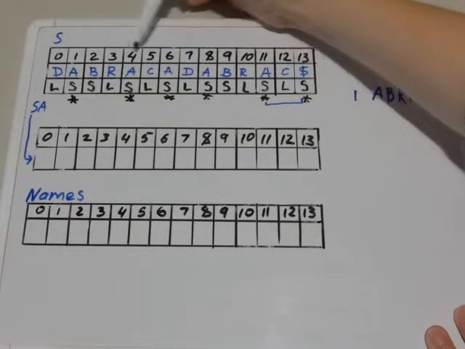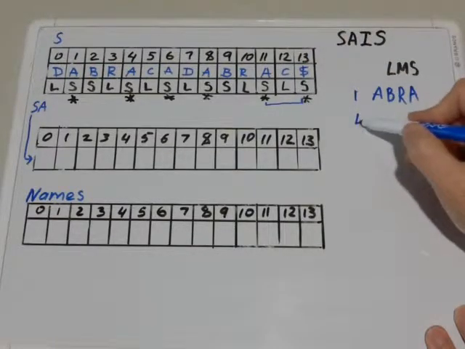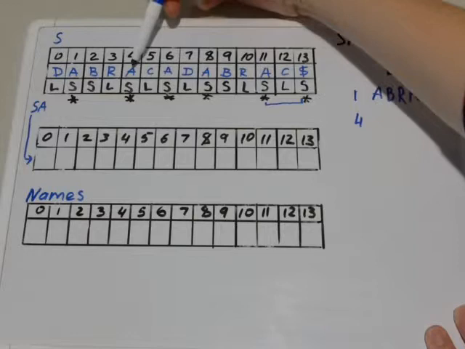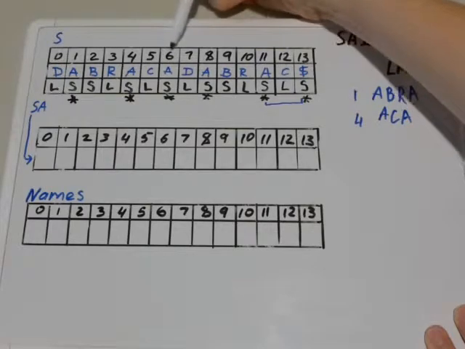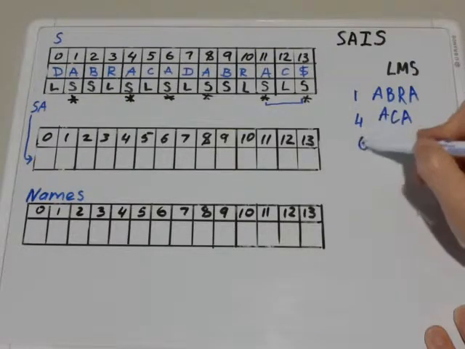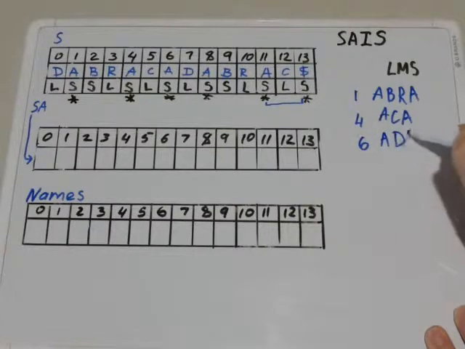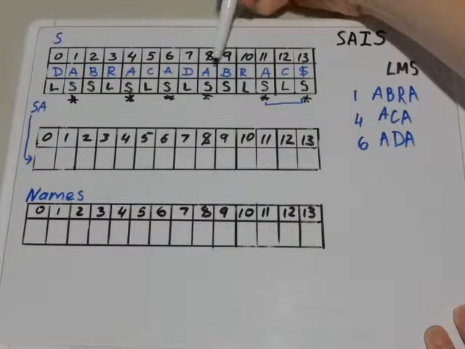Next starting position is 4, it goes from 4 to 6, and the substring is ACA. Next starting position is 6, substring is ADA. Next starting position is 8, and substring ABRA.